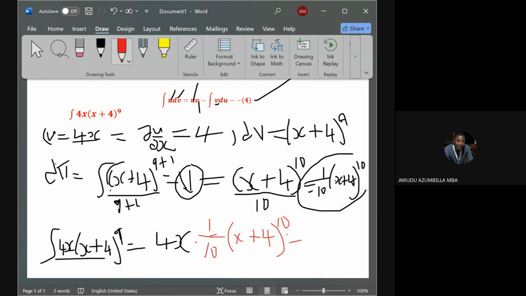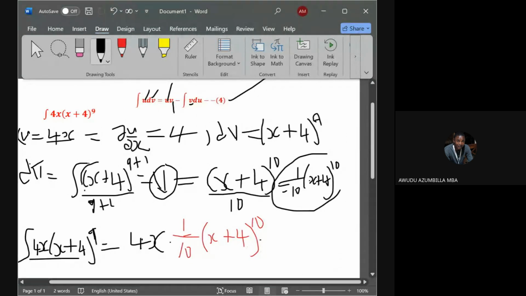Before we do the subtraction, if we simplify this one first, multiplying this one by this, let's do this simple one.